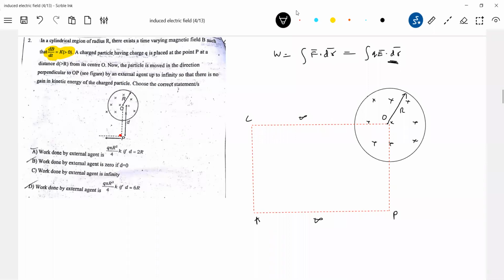And how will E be directed? Everywhere here it will be maximum, and at infinity it will be almost zero.